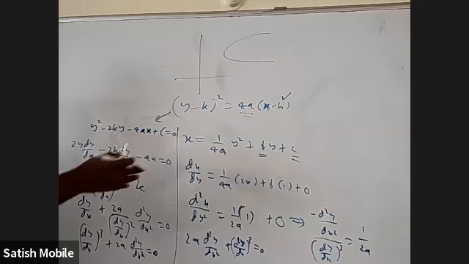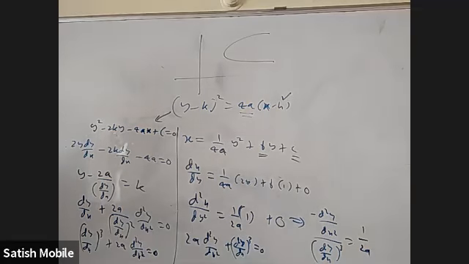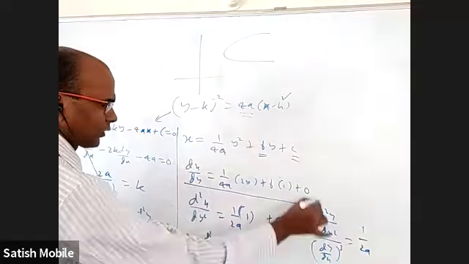So you can do it like this, not like this. Somebody can directly differentiate this, find k and put it back also. Even right from here, you can do one more thing.